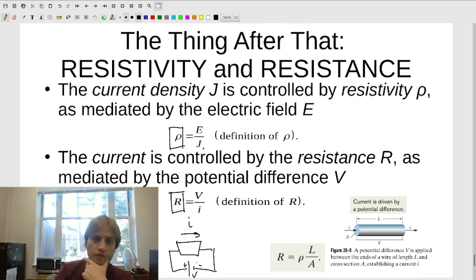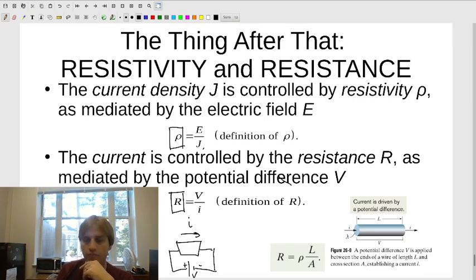It resists letting the current through less. And one of the key things that we're going to have to understand on Monday is that the resistance and the resistivity are connected to each other. It's connected in the sense that if you have a longer tube, you have more chances for the charges to run into impurities, so your resistance would go up. So that's why this is up here.